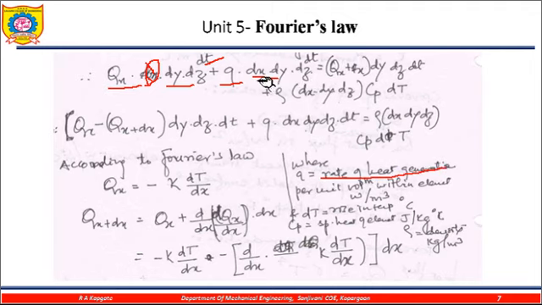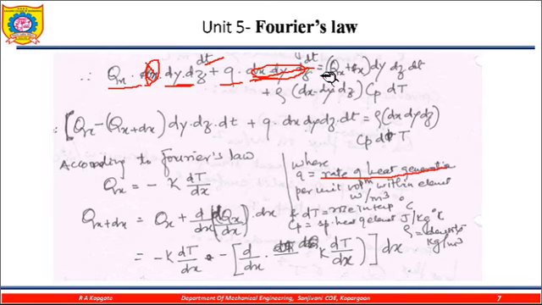The heat is generated in a volume, so we have considered all three dimensions, dx, dy and dz. Here we have considered only dy and dz because the heat transfer takes place along the x-axis, hence dx is not included, but q, the heat generated, is per volume.